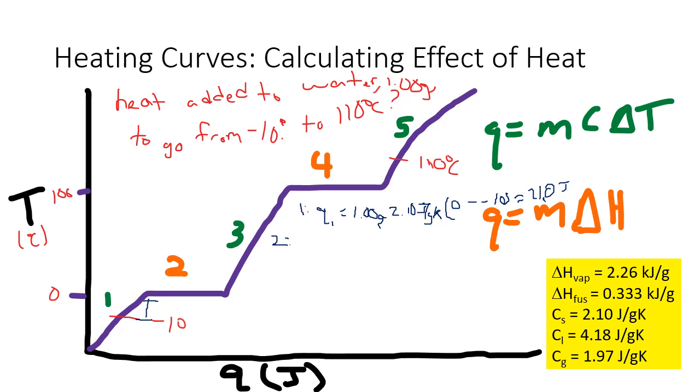So let's do our second journey, Q2. So in this case, we have a flat, so we're doing Q equals mΔH. We have a mass of 1 gram again. It's that same water. And we're going from solid to liquid, which refers to ΔH of fusion. So you're going to multiply it by 0.333 kilojoules per gram.